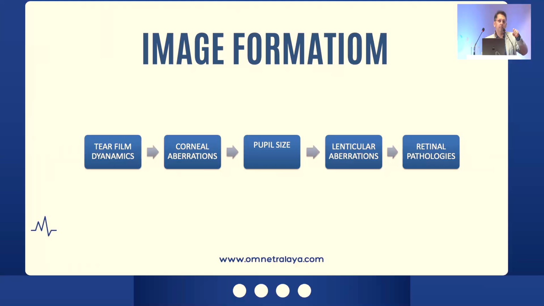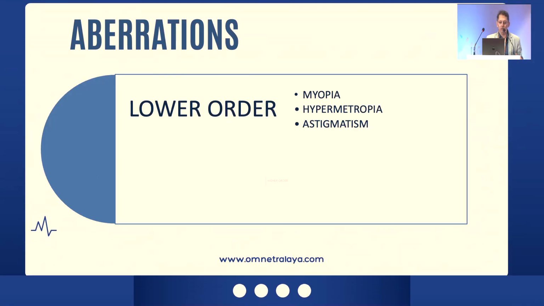Sometimes the patient may not necessarily have very high aberrations because of the IOL, but it may be related to the tear film itself, or sometimes missed corneal opacities or nebular opacities, which is common. Sometimes we use a particular IOL and the patient complains of aberrations, and we think it is because of the IOL, but the reason may be in the tear film or cornea, or it may be just because of a very large or very small pupil size. So you have to consider all these things.